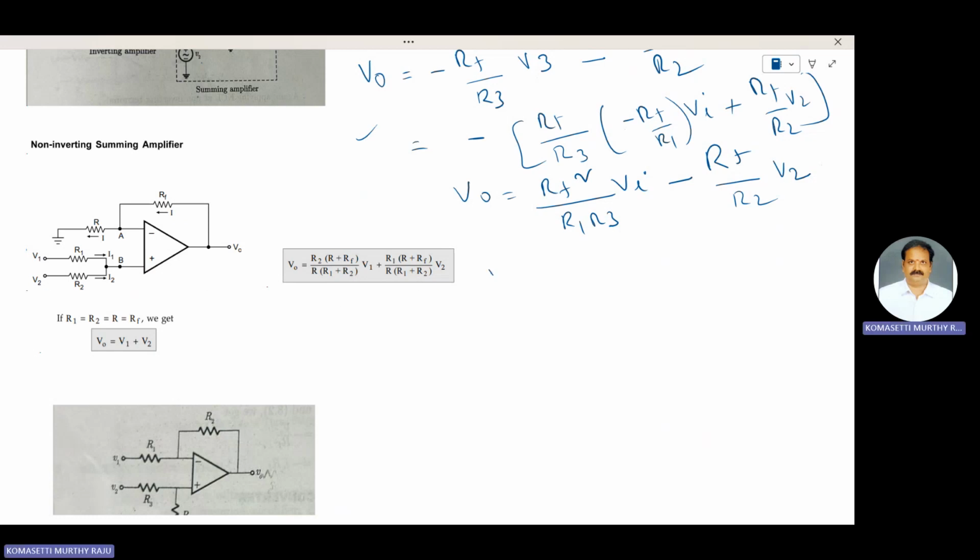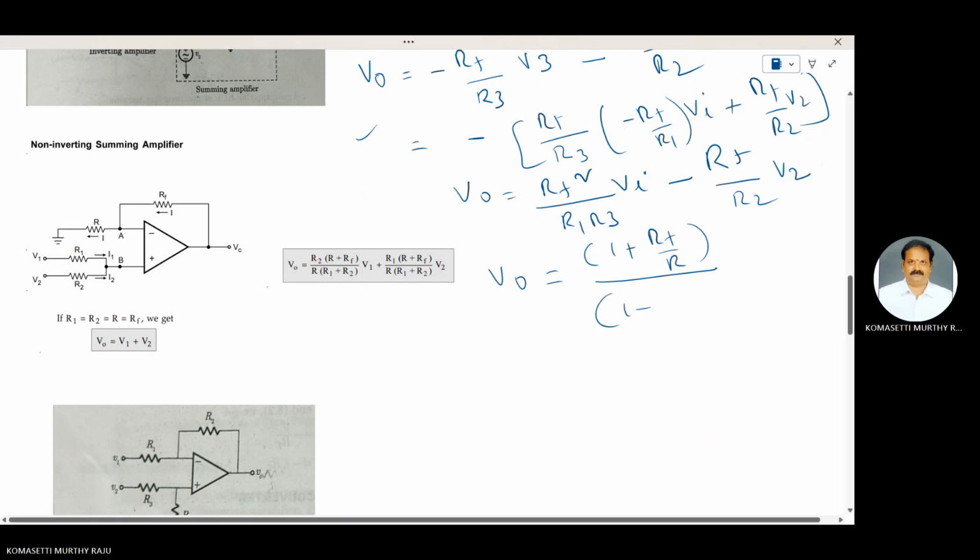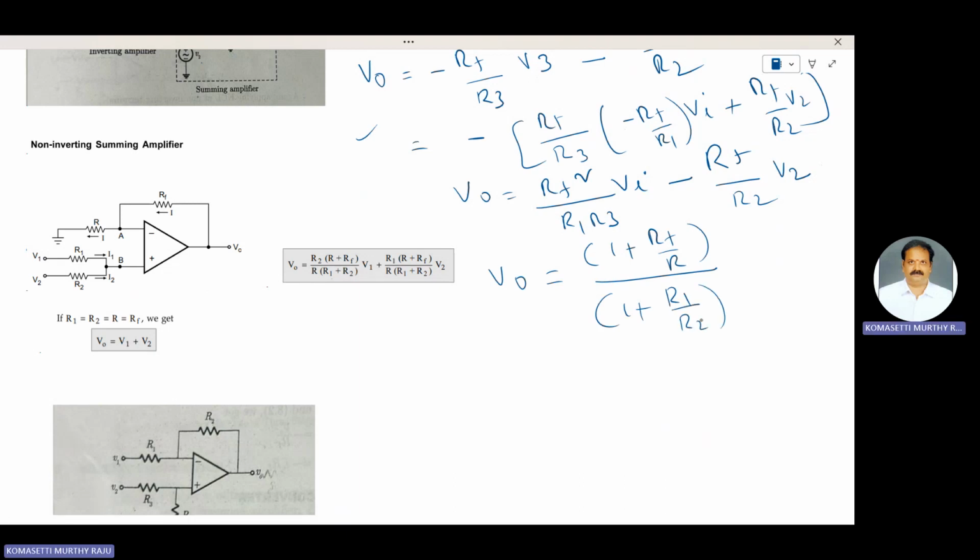Therefore, V0 is generally equal to R plus Rf by R, that means 1 plus Rf by R, into R2 by R1 plus R2 times V1, plus 1 plus Rf by R into R1 by R1 plus R2 times V2.